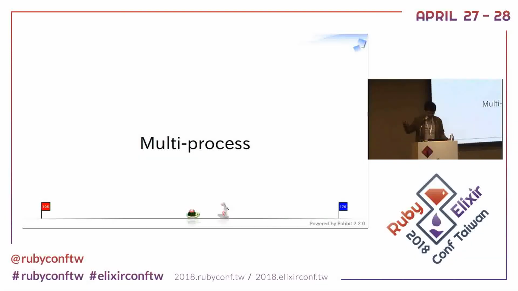But compared to the BEAM, the Erlang virtual machine, in Ruby we have the GIL, the global interpreter lock. That means only one core works at one time. So we use a single core like Node.js does. It's safer, because you can easily remove the GIL by modifying the Ruby virtual machine.